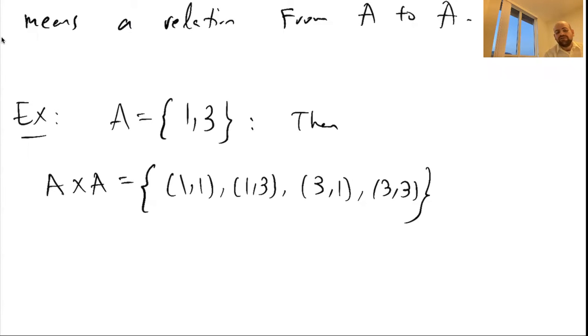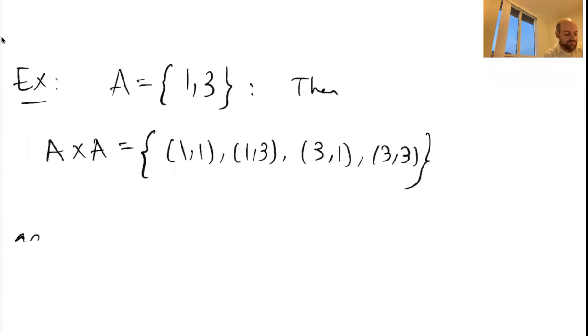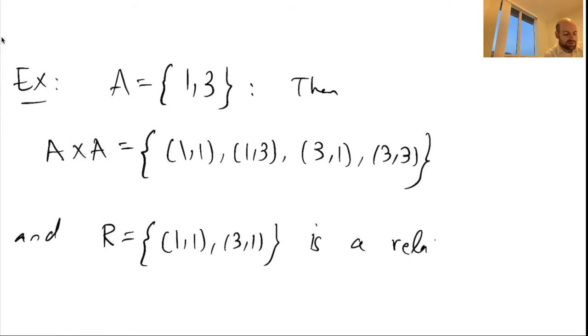Therefore, we can define 16 relations on A, because a relation on A means a relation from A to A, which means a subset of A cross A. Therefore, there are 16 relations on A. So let's say R equals {(1,1), (3,1)} is a relation on A.